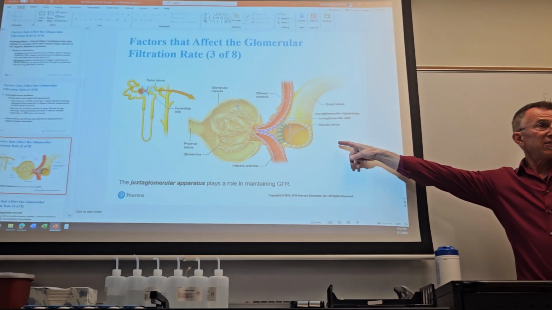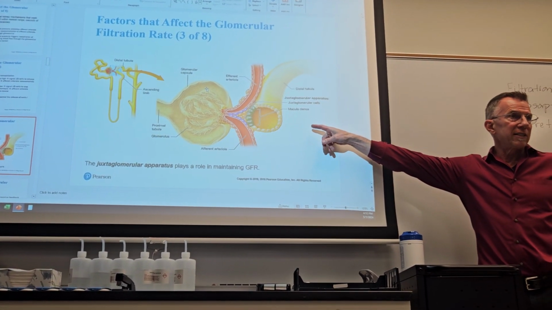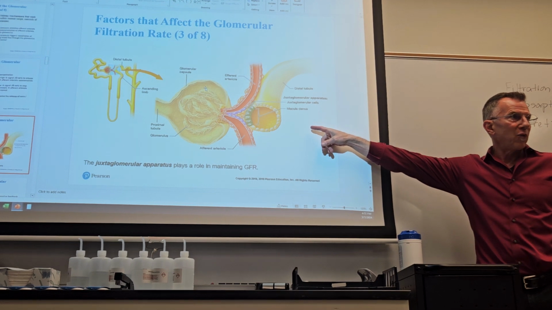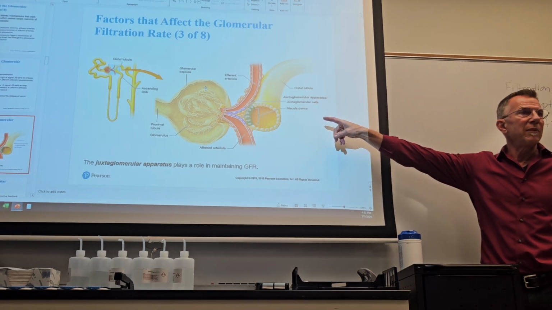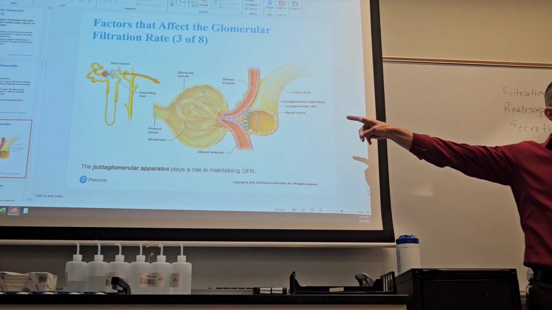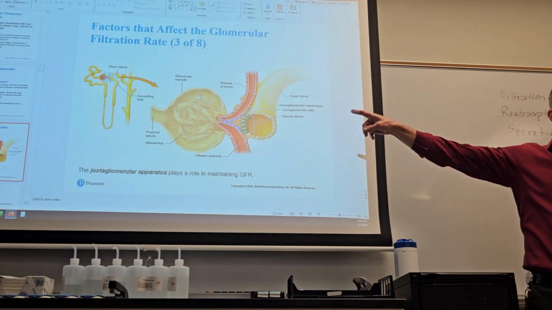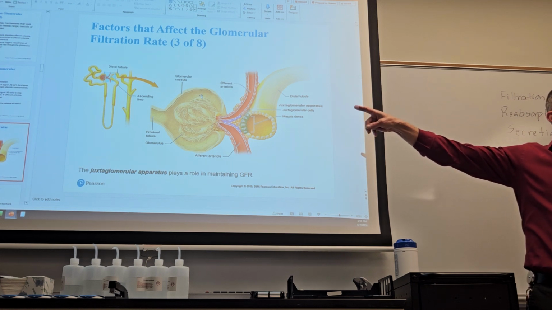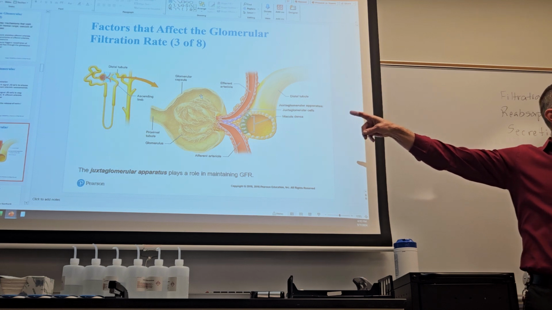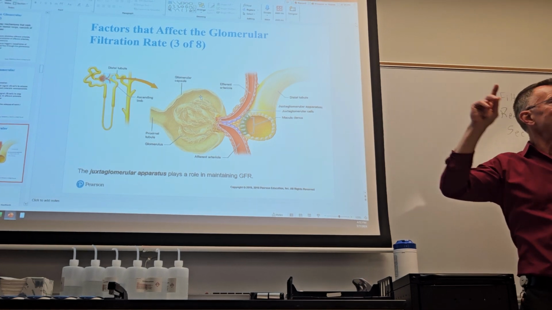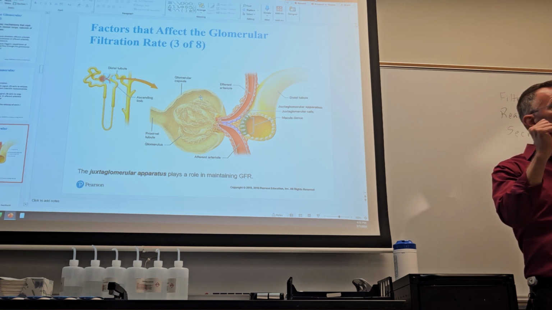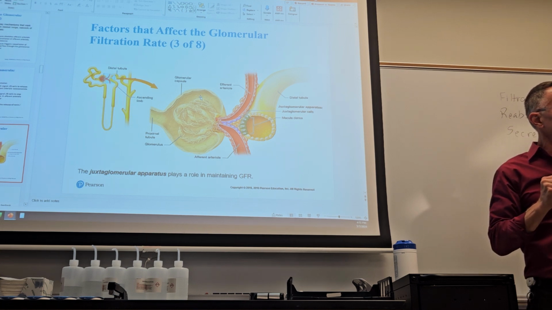So the macula densa cells sense that the salt content in the filtrate is too high. We have not had enough time to reabsorb the salt. So in response to that, your macula densa cells are going to tell the JG cells to secrete vasoconstricting chemicals, which will then cause the afferent arteriole to constrict, reducing blood flow into the glomerulus.